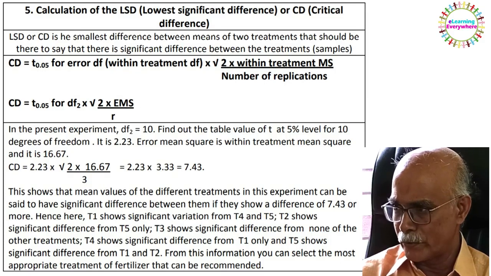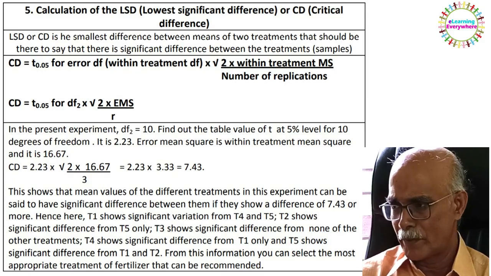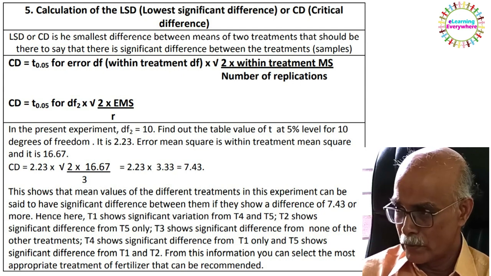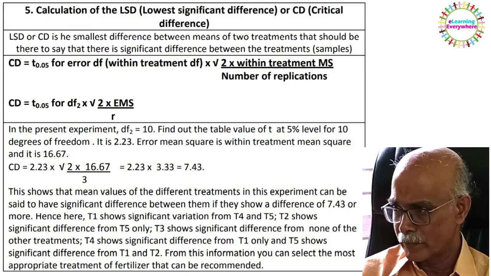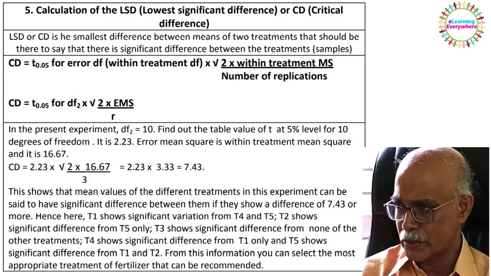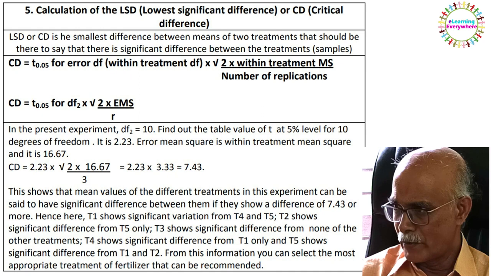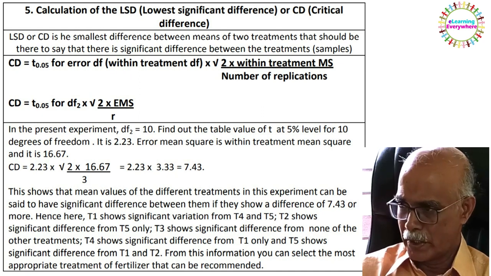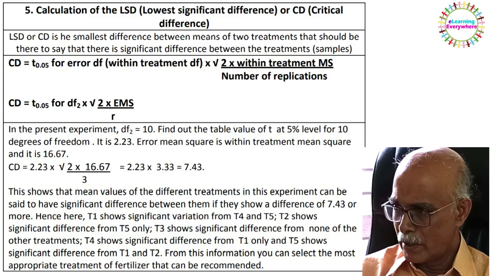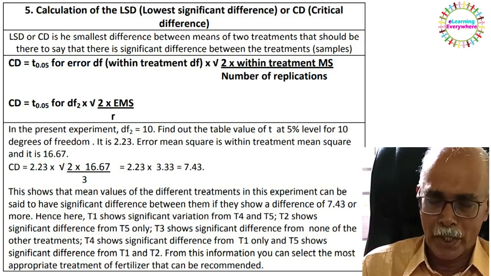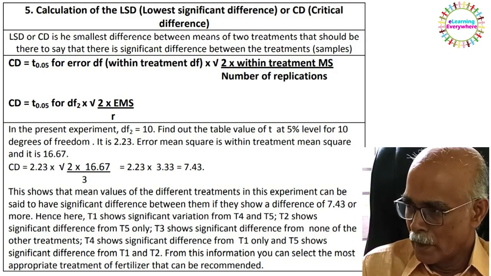CD is equal to 2.23, which is the t value you have obtained from the table, into square root of 2 into 16.67 divided by number of replications. And here you have 3 replications. So the CD has been calculated here.